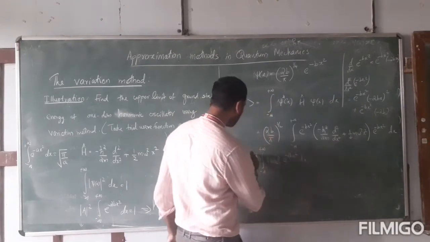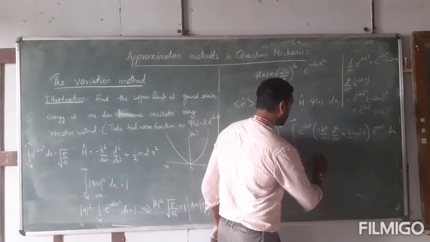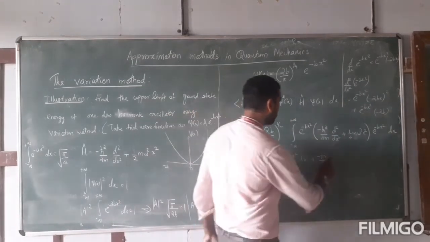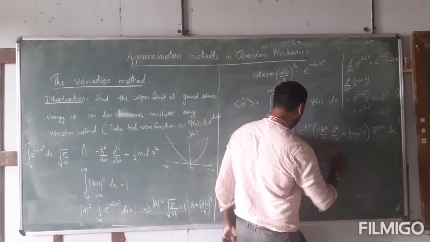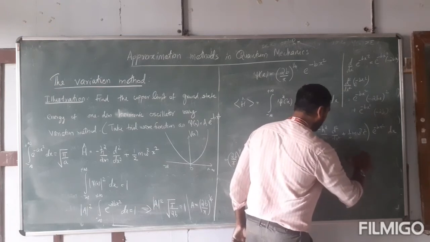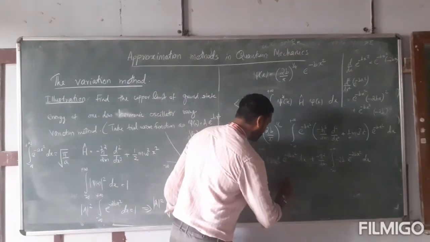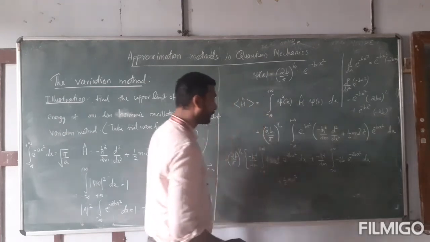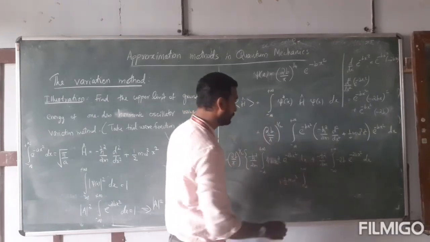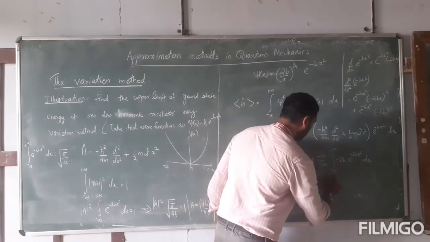That will be the first term. Then the second term will be minus h bar square by 2m, integral from minus infinity to plus infinity of minus 2b times e raised to minus 2b x square dx, and the third term will be plus half m omega square, integral from minus infinity to plus infinity of e raised to minus 2b x square times x square dx.